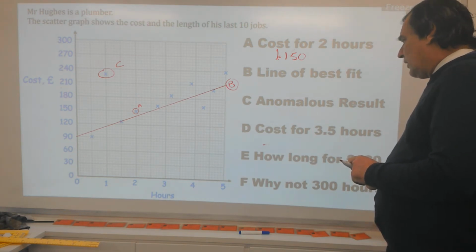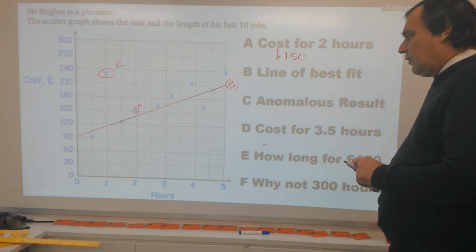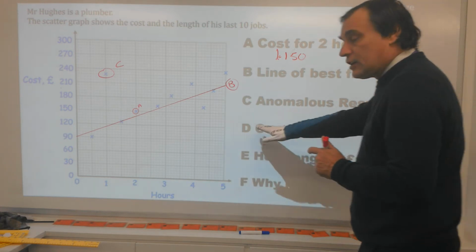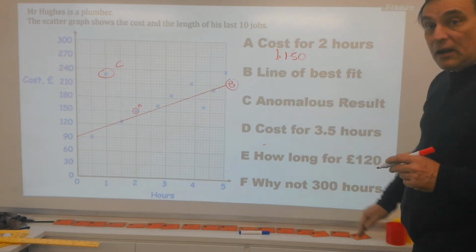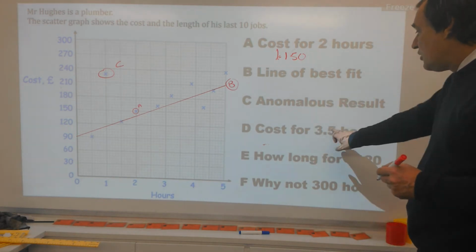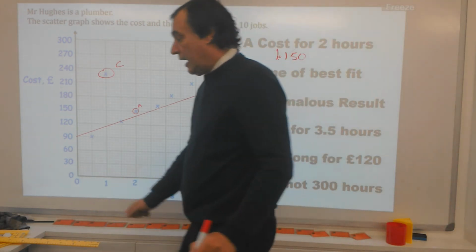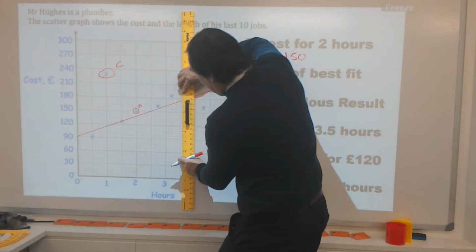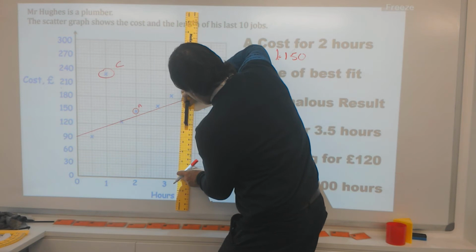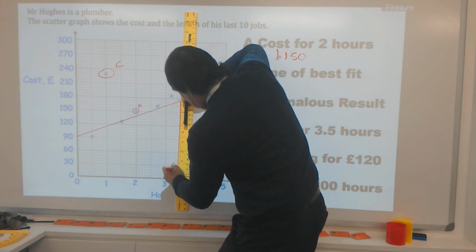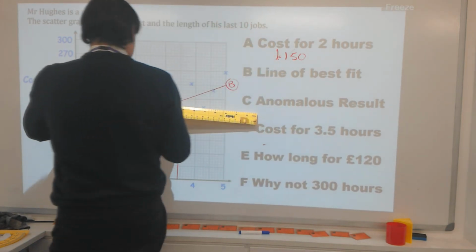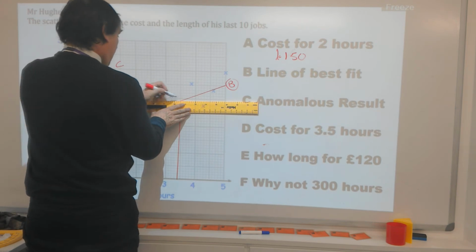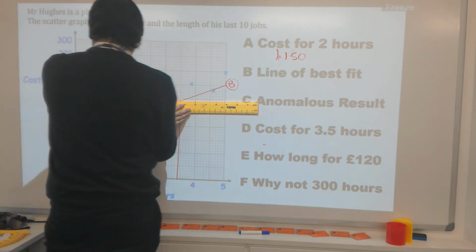So we're now looking for the cost for 3.5 hours work. So now what we've got to do, if we've got any questions after we've been asked to draw our line of best fit, we now use that line of best fit to work out these questions. So we've got 3.5 hours here, so we'll go up from 3.5, and then we can go across to here.